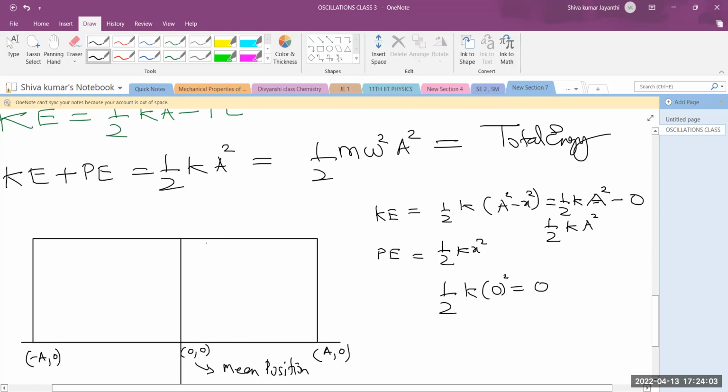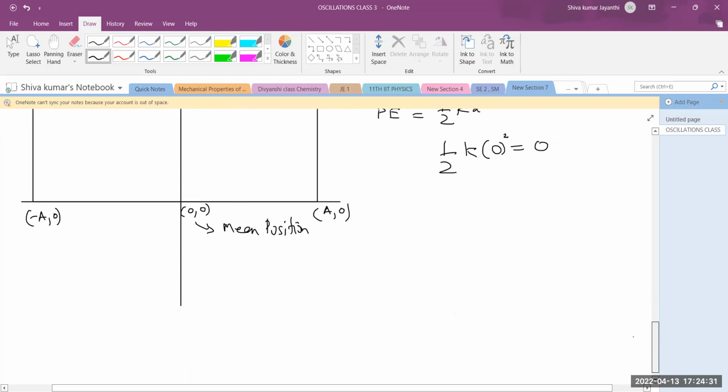So this line represents total energy, which is kinetic energy plus potential energy. When kinetic energy is maximum, potential energy is 0.